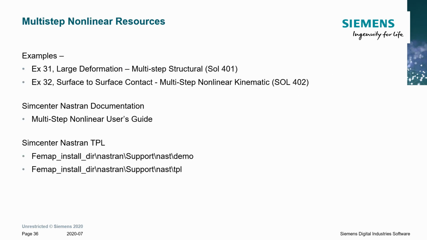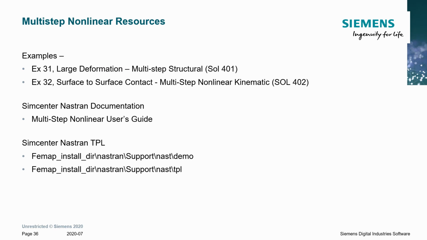Okay, we're pretty much at the end. I guess we're going to have lots of time for Q&A. There are multiple examples. We do ship this large deformation for multi-step structural for 401, and then the surface-to-surface contact for 402. I know that when Nastran version 12 came out, the multi-step nonlinear user's guide was very sparse.